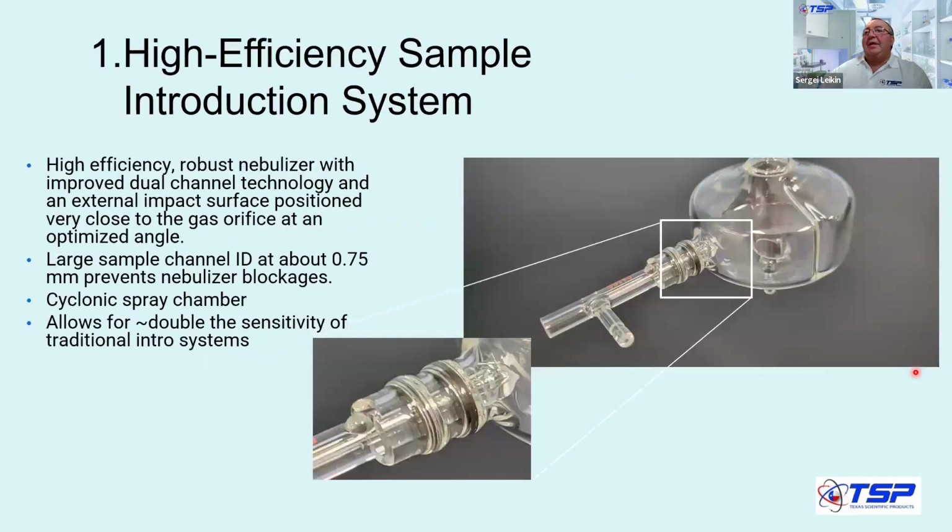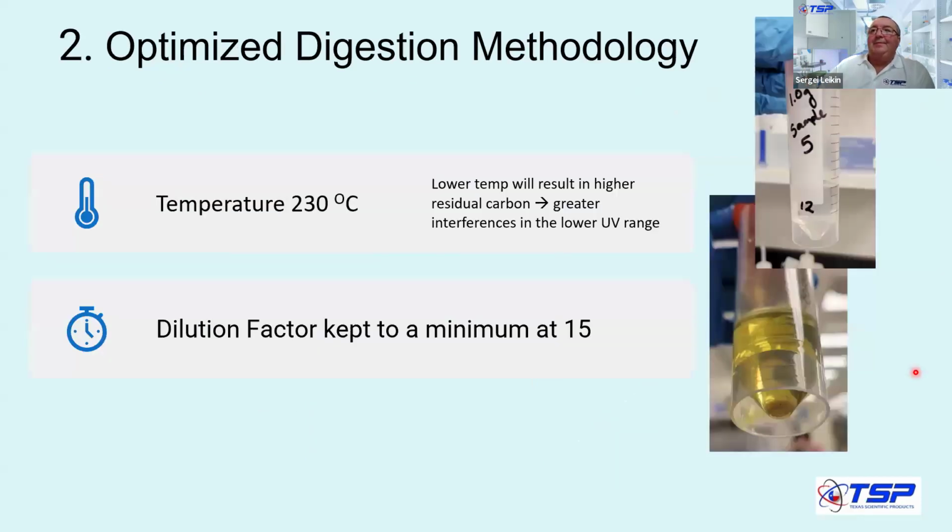And here is why. This is the high efficiency sample reduction system that was used. The samples were digested at high temperature, 230, specifically to minimize the residual carbon that's still present in organic samples.